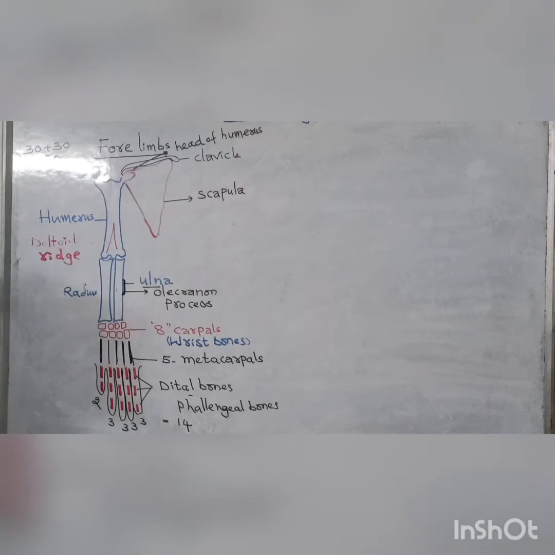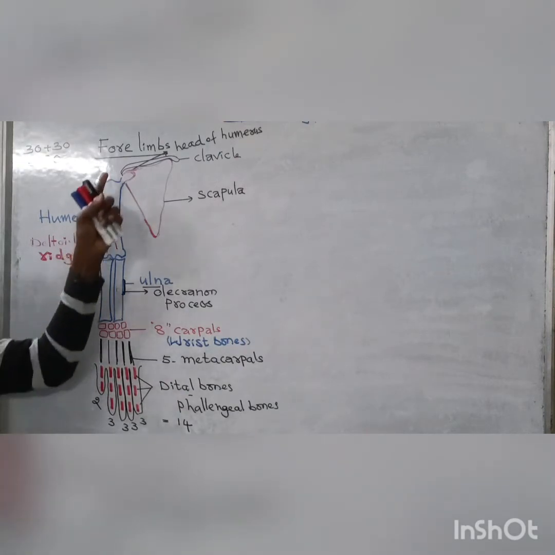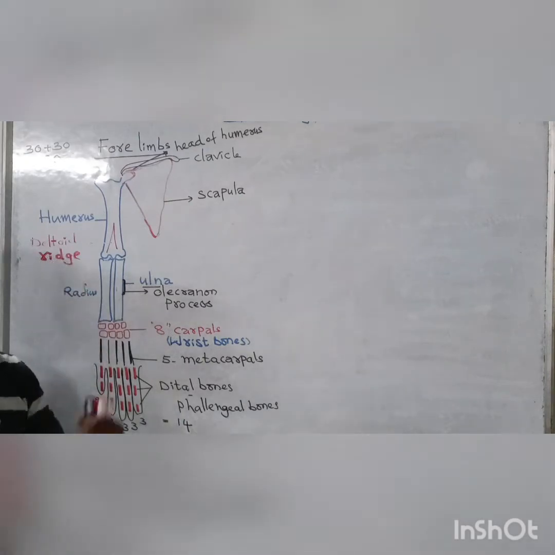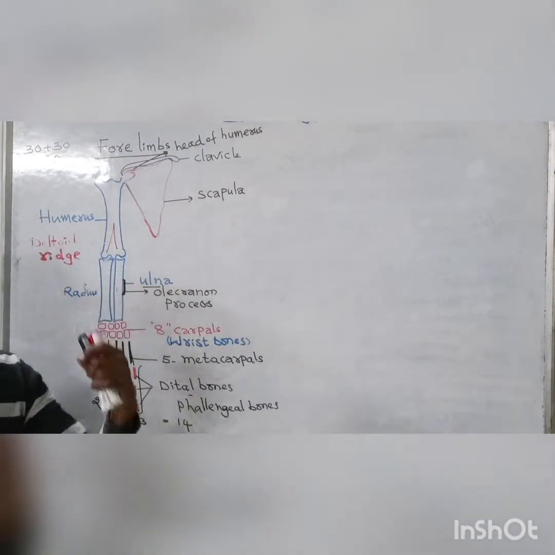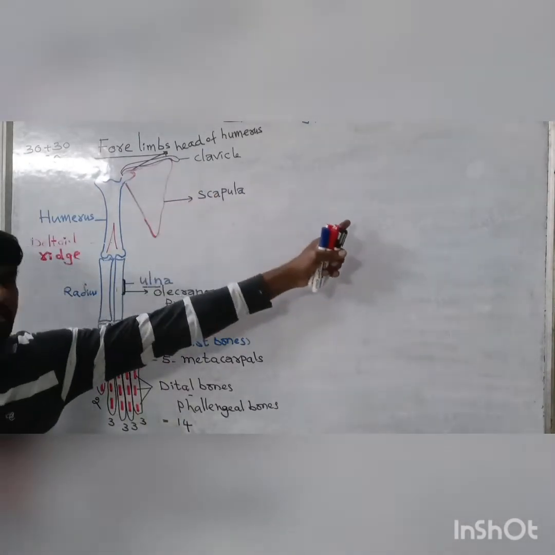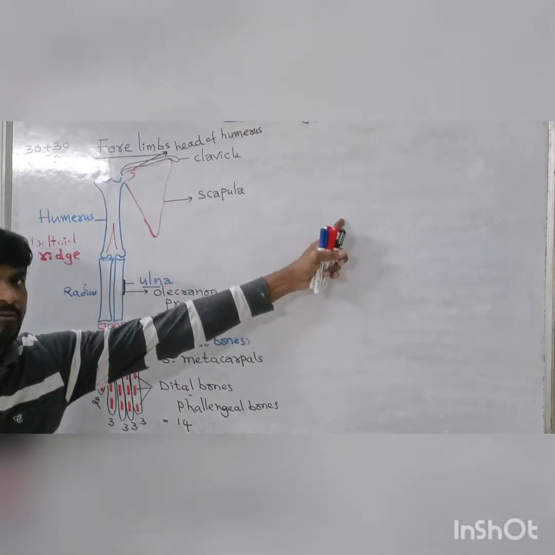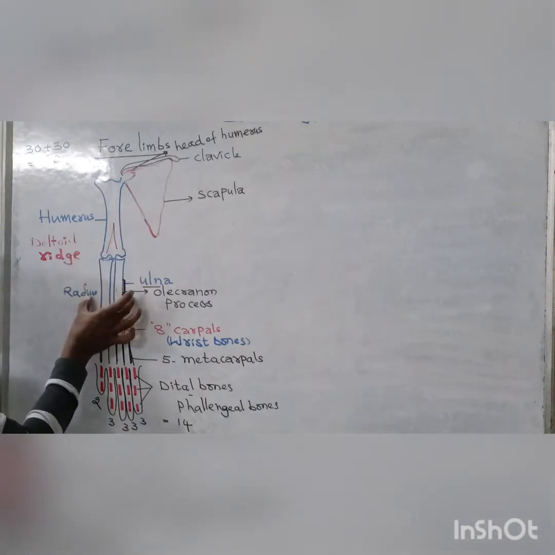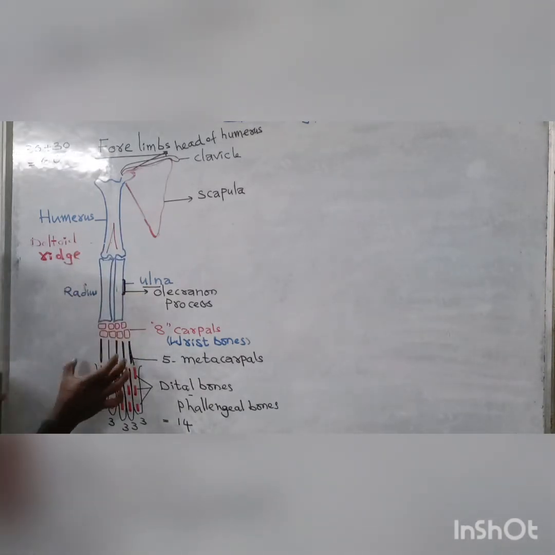Scapula and the clavicle. So, the number of bones in the forelimbs of man: each forelimb contains 30, plus 30 is equal to 60. Humerus, radio ulna, carpals, metacarpals and the phalanges.